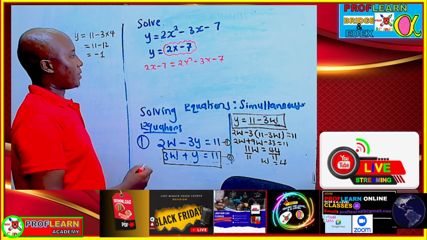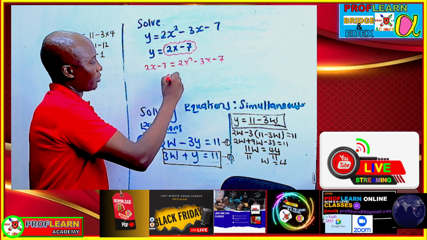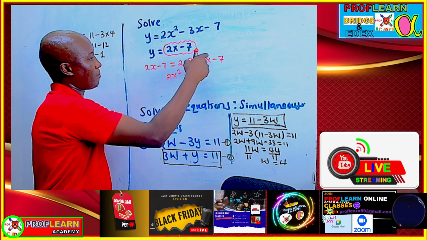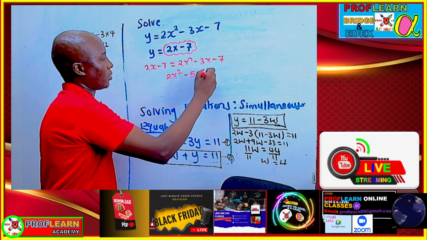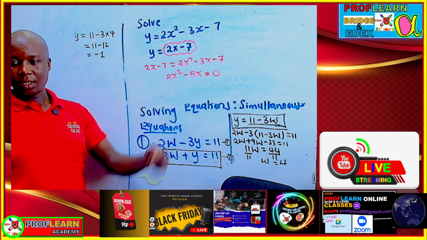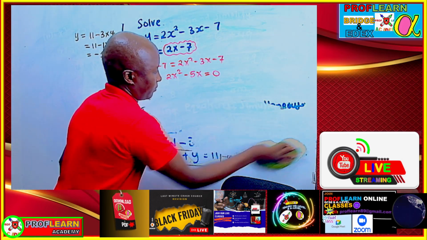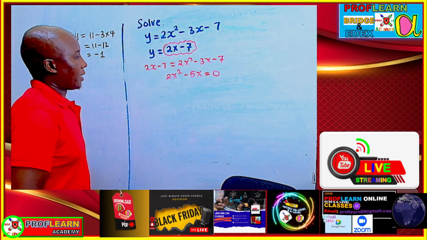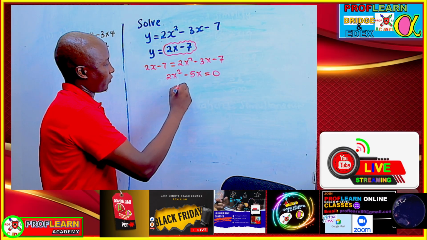So if we take everything to the other side of the equal sign, we shall have 2x squared minus 5x is equals to 0, because if you take 7 to the other side, it is going to be plus. Having gotten that, we can now go ahead and see that this is going to be x factored out.